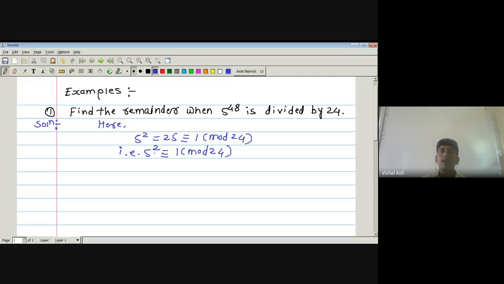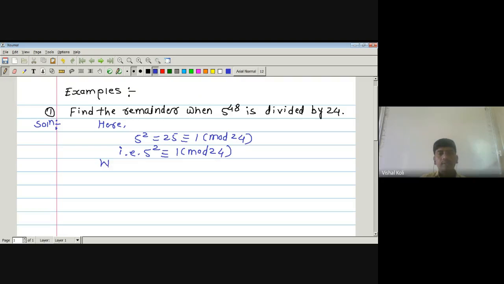Now we have to find the remainder when 5 to the power 48 is divided by 24, and for that we take the power of 5 squared.